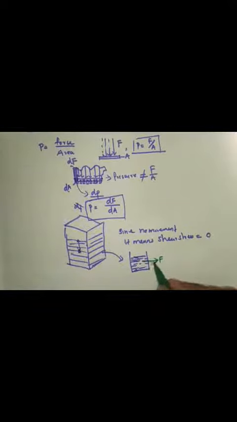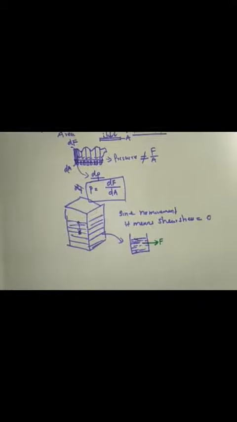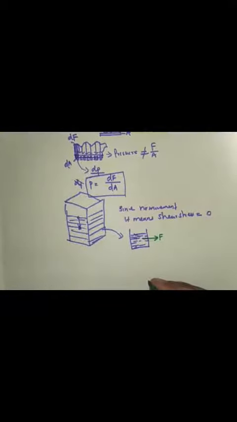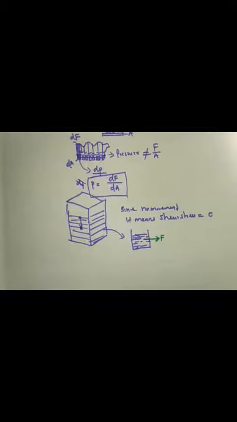It's because if there is any inclination, then there will be a component tangential to the liquid, and if there is a tangential component, there will be movement. Since there is no movement, all the forces acting in a static fluid are normal to the container. So this is the basic concept of fluid pressure at a point in a static fluid.